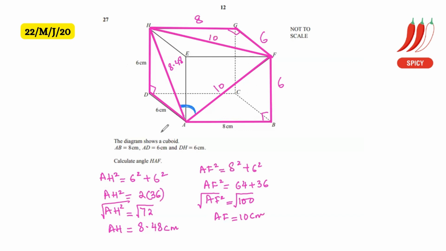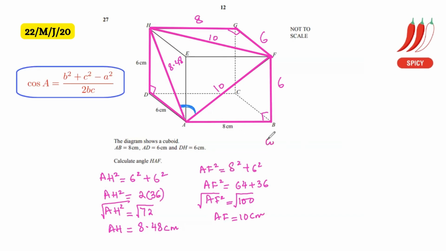So now that we have all three lengths, we apply the cosine rule to find the missing angle. The cosine rule for finding the missing angle is cos of angle A equals 10 squared plus 8.48 squared minus 10 squared, divided by twice of 10 and 8.48.